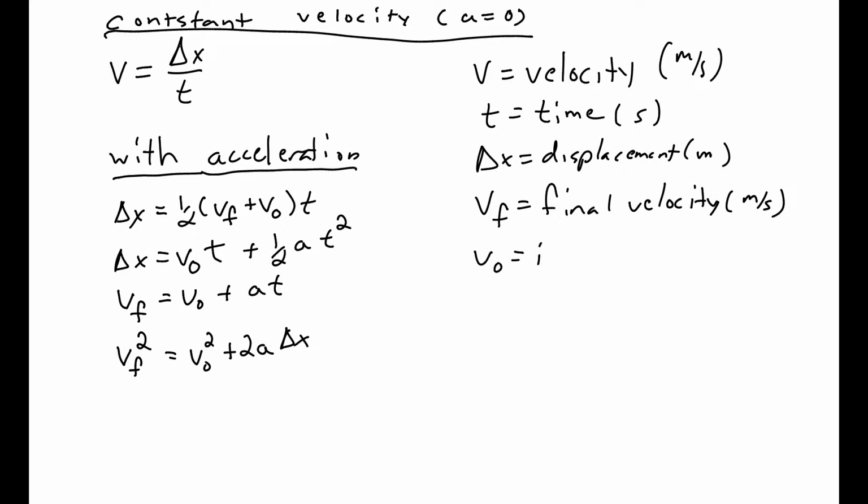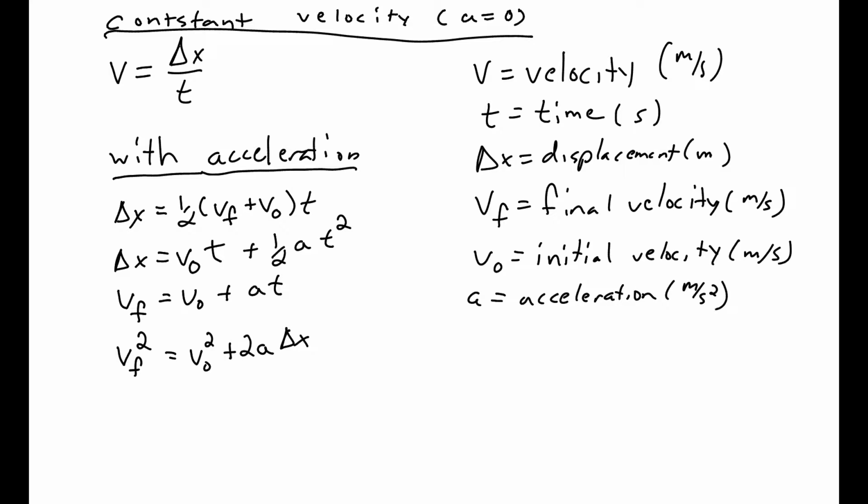Vo, initial velocity, also measured in meters per second. a equals acceleration, measured in meters per second squared.